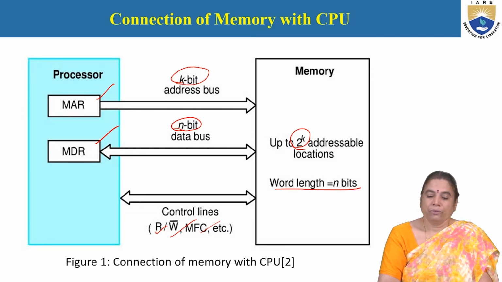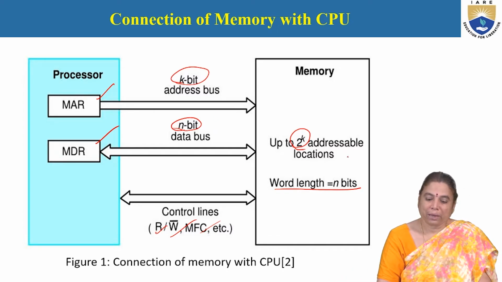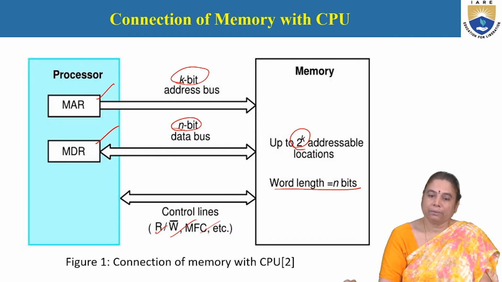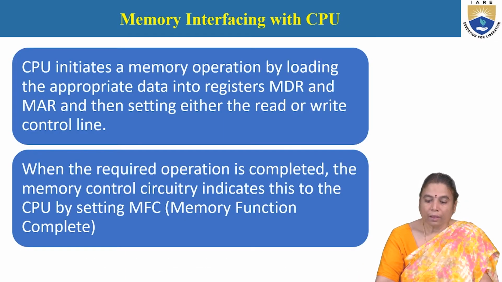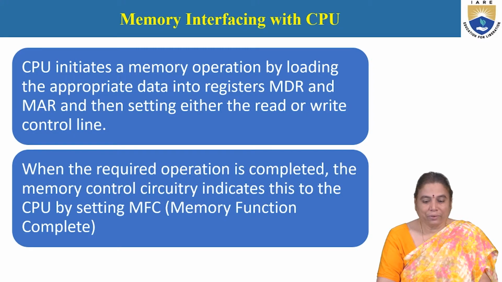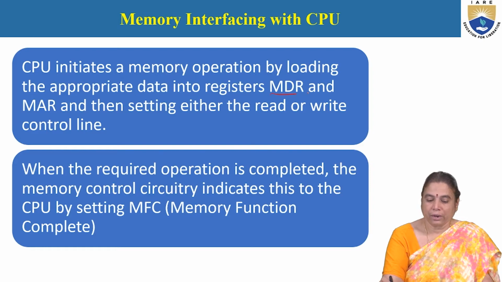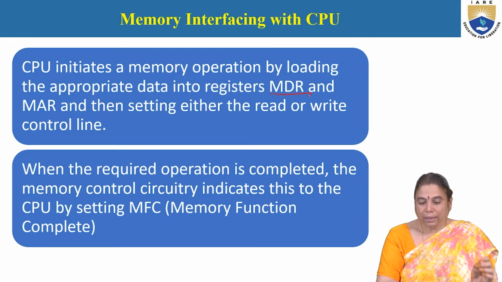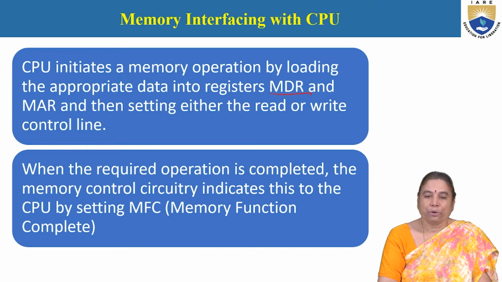So, the MAR and MDR are two registers, and depending upon the bus, the storage capacity of the memory is decided, and depending upon the control line signals, what operation on the memory is to be performed can be decided. So here the CPU initiates a memory operation by loading the appropriate data into register MDR. So the data can be stored in the MDR register, and the MAR then sets either the read or write control lines.